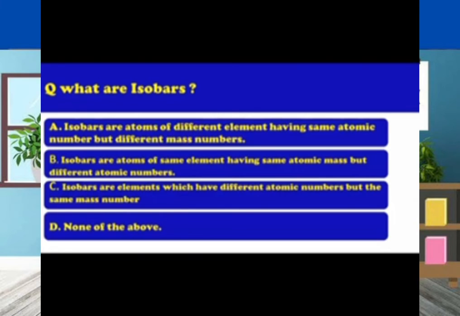There will be two atoms, two elements, their atomic number will be different but their mass number will be same. So all should study the isobars definition. Its definition, the isobars are elements which have different atomic number but the same mass number. Okay.